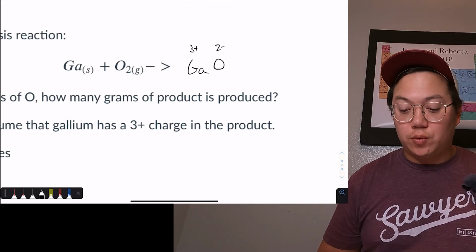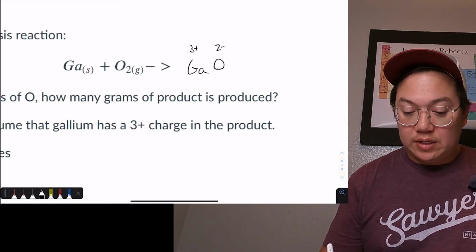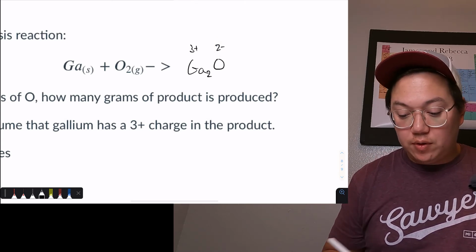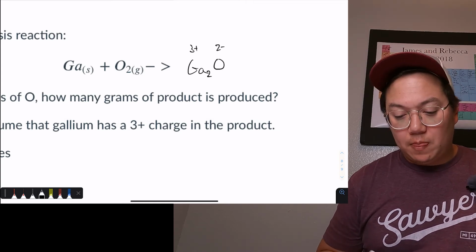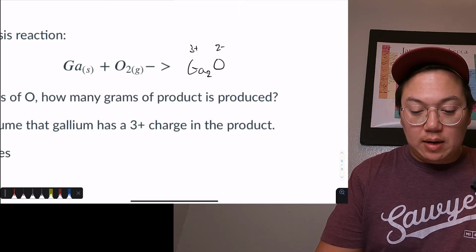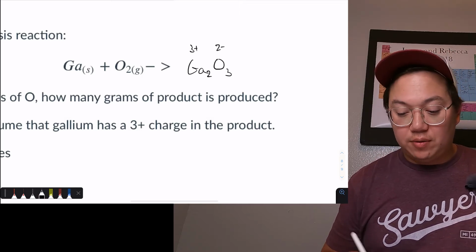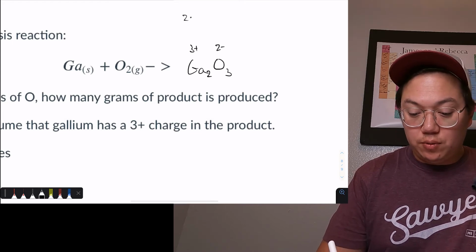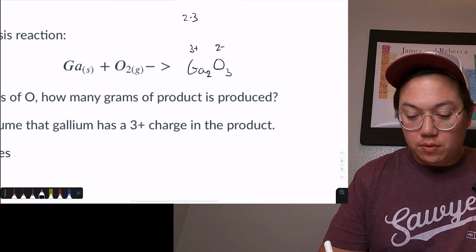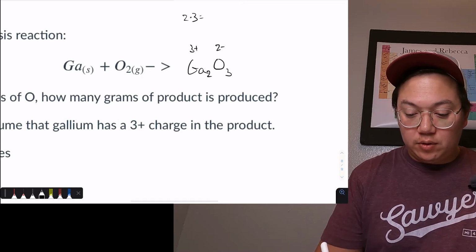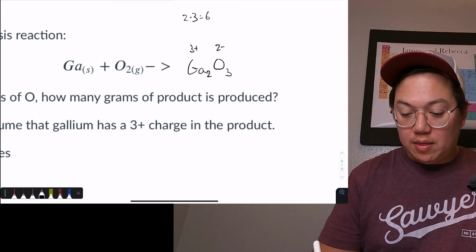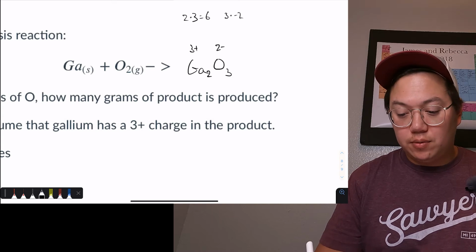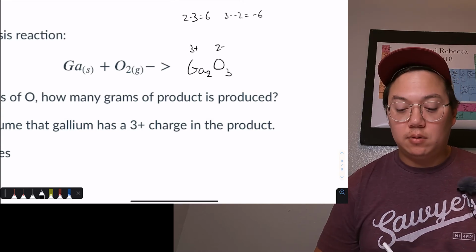So you can use the crisscross rule here. We'll take our 2- and use the 2 without the sign, and we'll take our 3+ and use the 3 without the sign. So now we have 2 galliums, 2 times 3 equals 6, and then 3 times -2 is equal to -6.